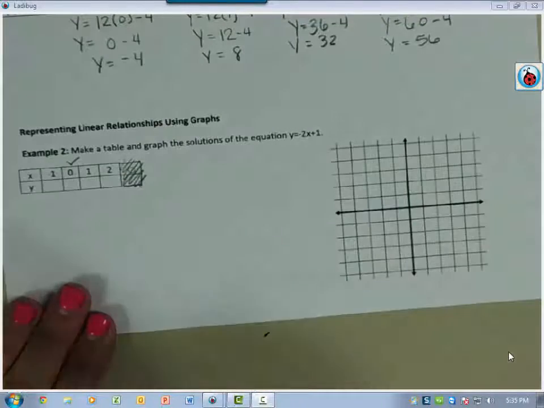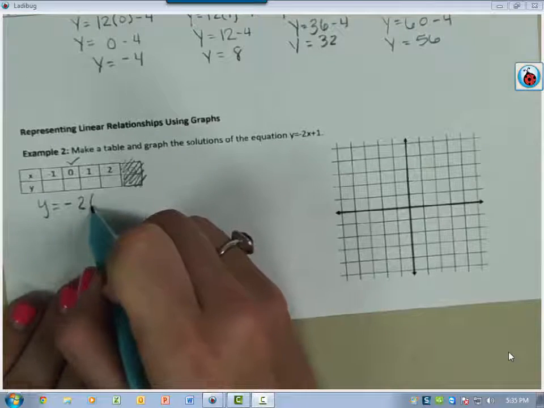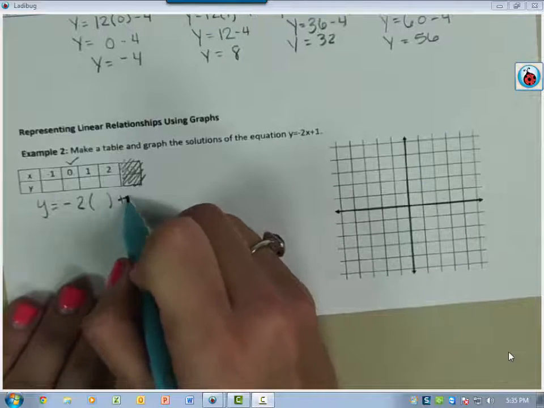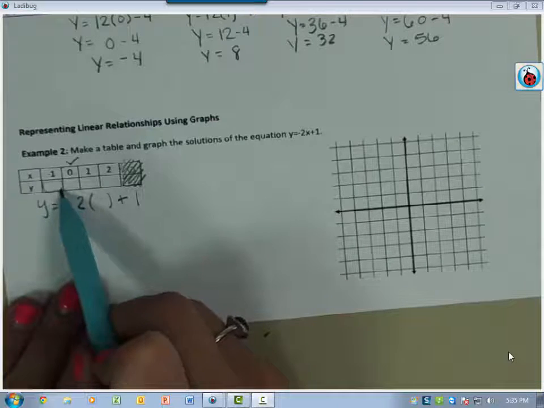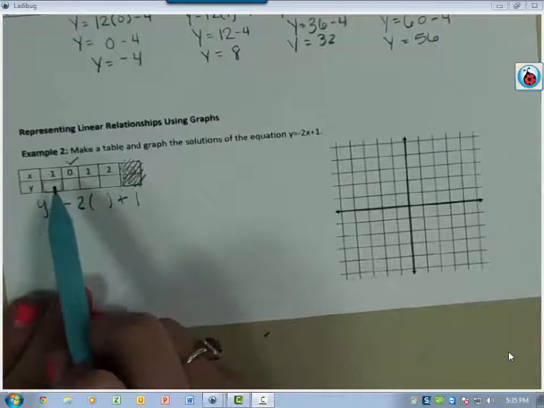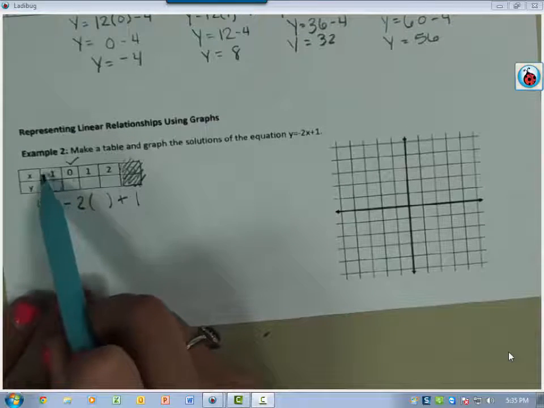So, y is equal to negative 2 plus 1. To figure out what this is right here, what should I plug into my equation to figure out what y is? I don't know y. Good. This is associated with negative 1, so you plug it in.